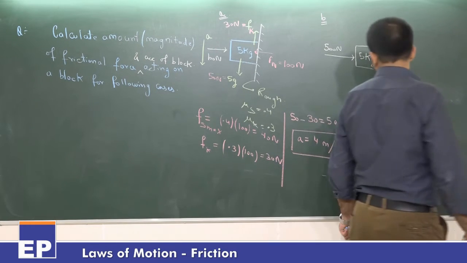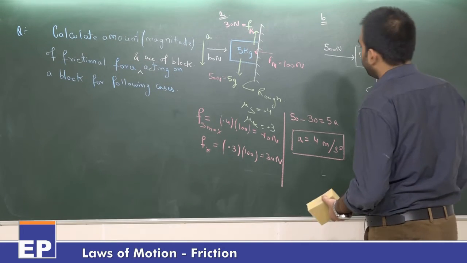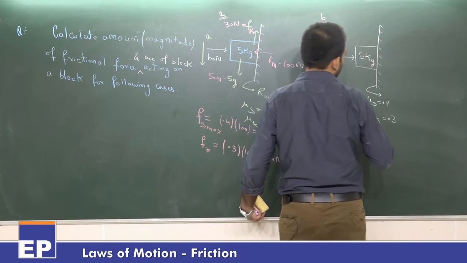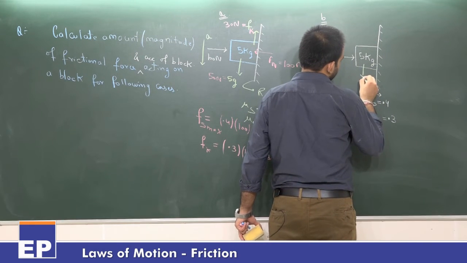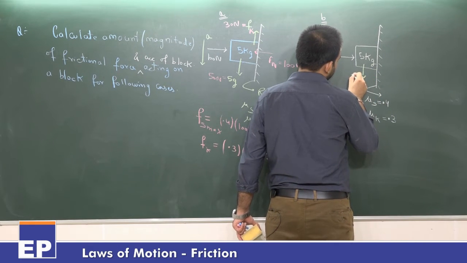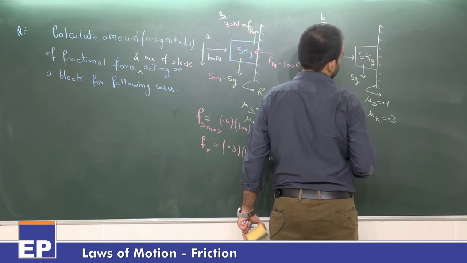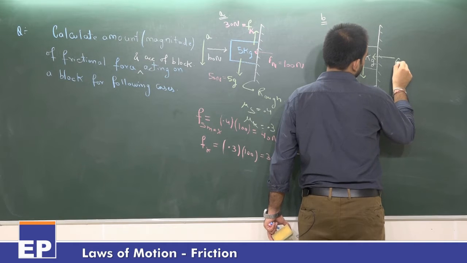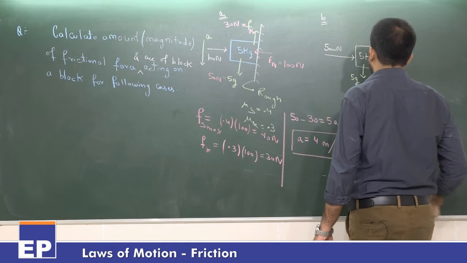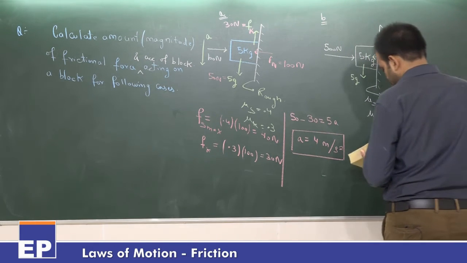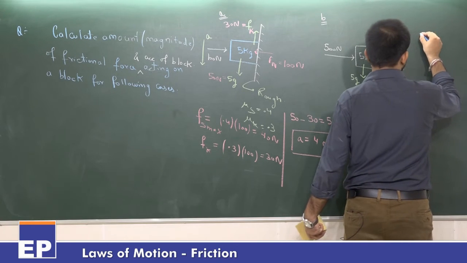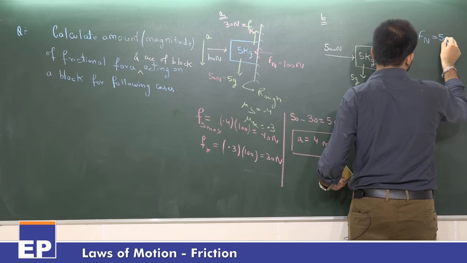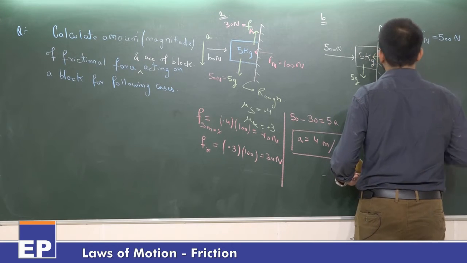If you look at this part B, in this case also, the force acting in the downward direction is 5G, and the normal reaction is acting in this direction, Fn. So what is the value of Fn? 500 Newton.